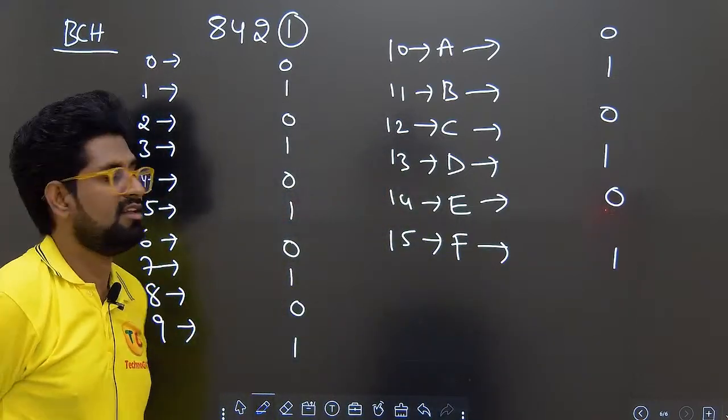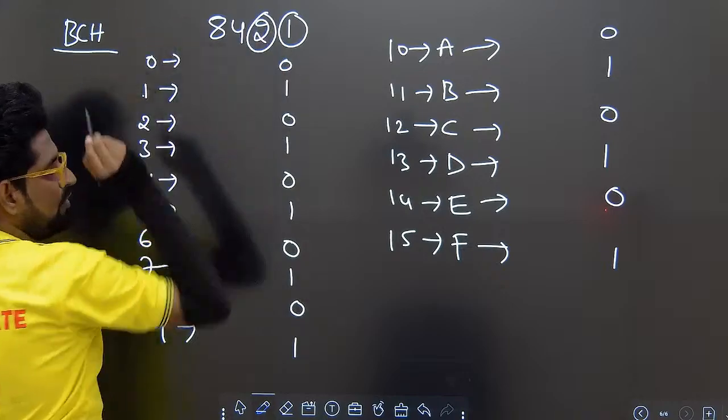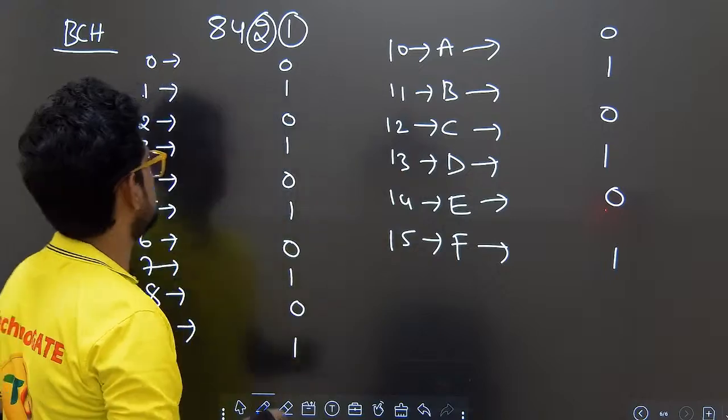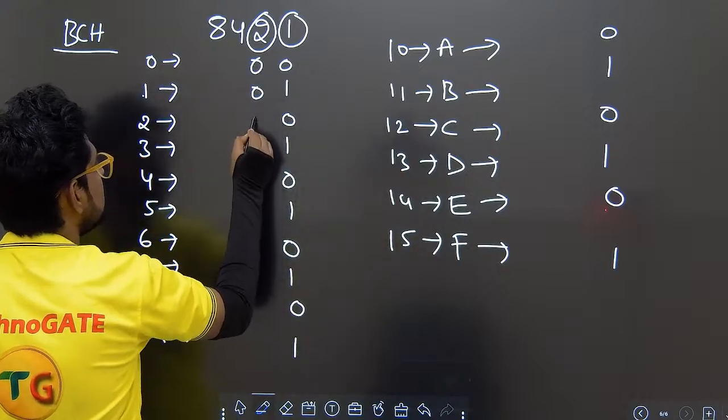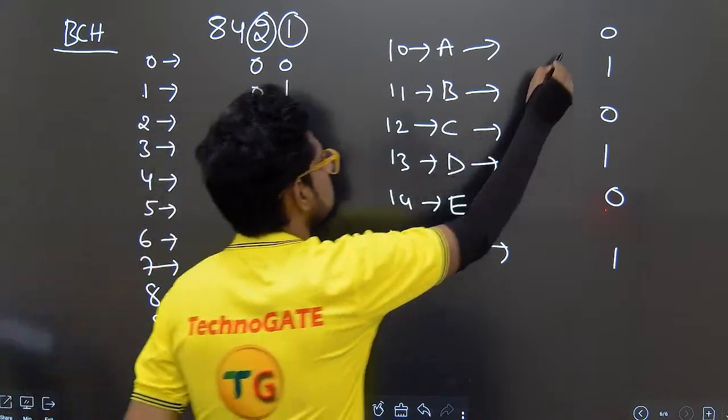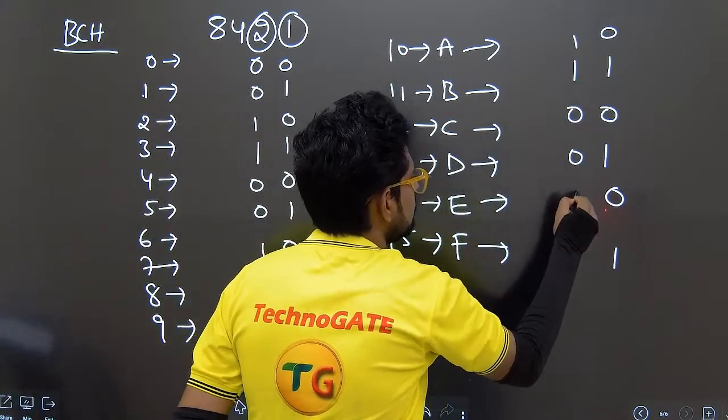Got it? Now 2 means 2 zeros, 2 ones, 2 zeros, 2 ones. Fill it: 2 zeros 2 ones, 2 zeros 2 ones, 2 zeros 2 ones, 2 zeros 2 ones.